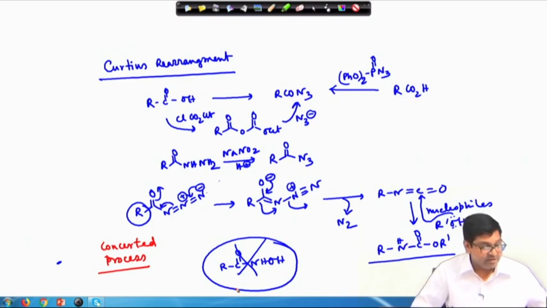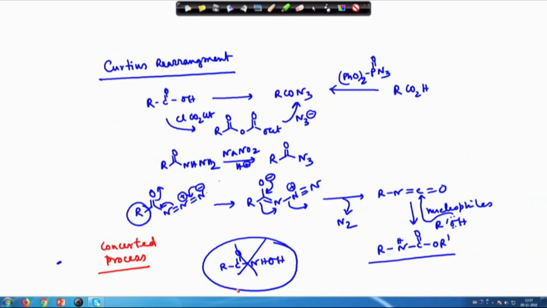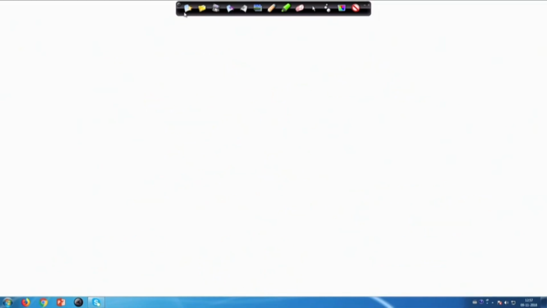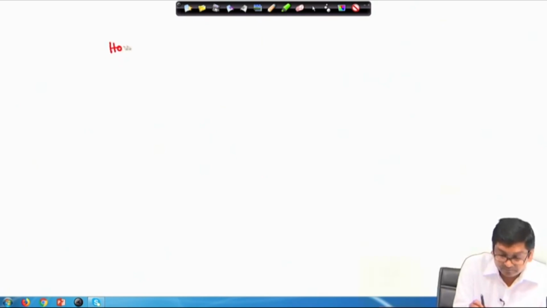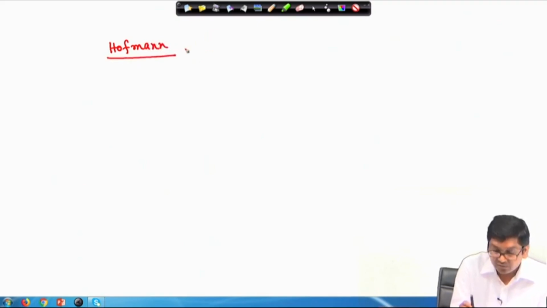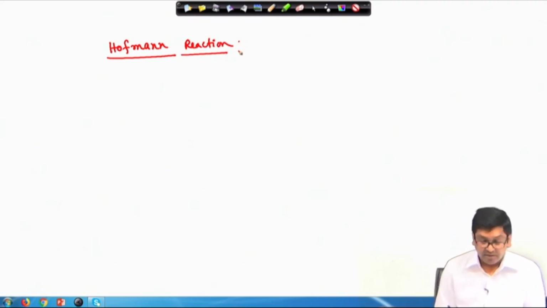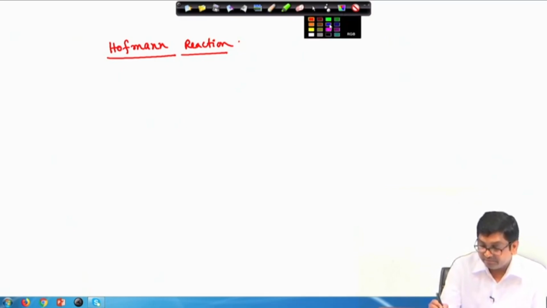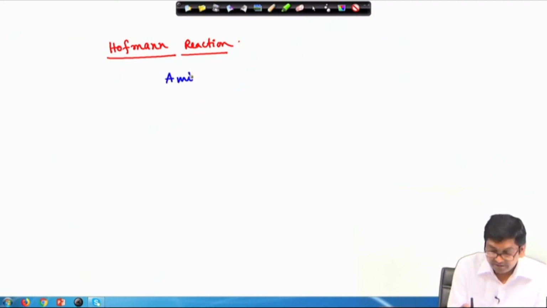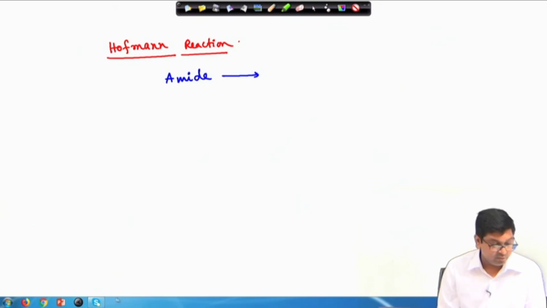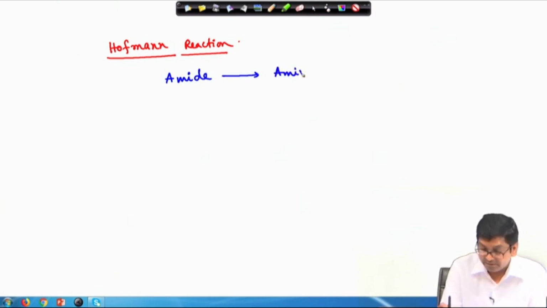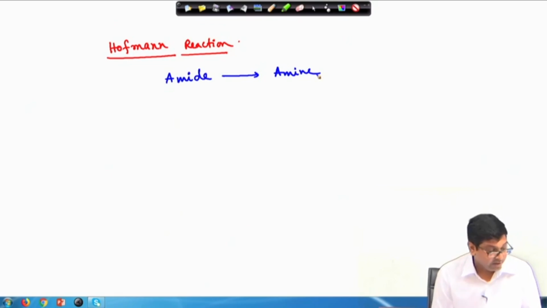Okay. Next, we will see another type of reaction, which we have discussed initially, that is called the Hofmann reaction, the Hofmann rearrangement reaction. In case of the Hofmann rearrangement, the starting material is an amide and the end product will be an amine.